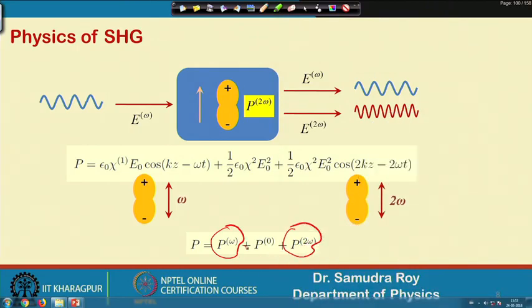That is important here. I am not considering the optical rectification term now. So, this is vibrating with the frequency omega, and this is vibrating with the frequency 2 omega. This is the source term of the 2 omega electric field, and this is the source term of the omega electric field.